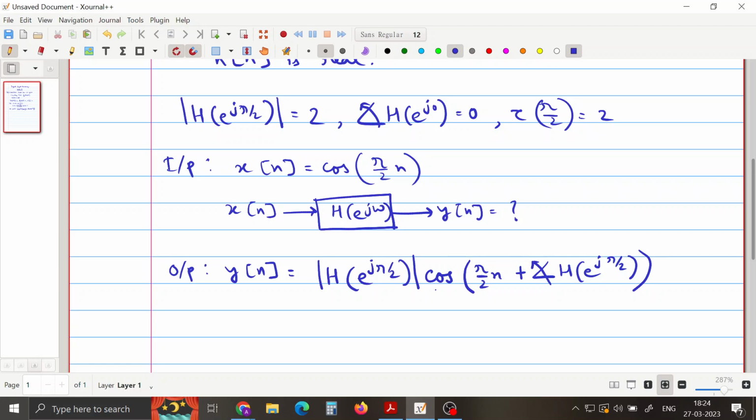So mod of capital H of e power j pi by 2, we already know this, it is given equal to 2. So y of n is 2 times cos pi by 2 n plus this.